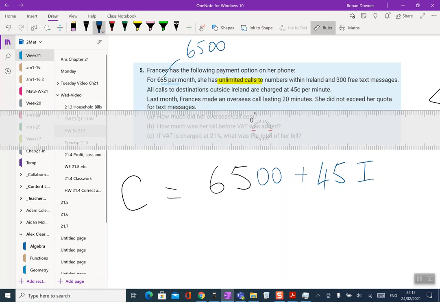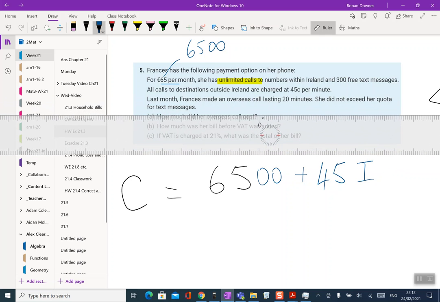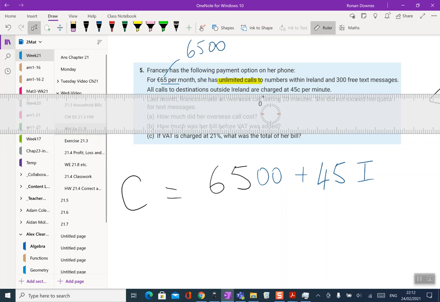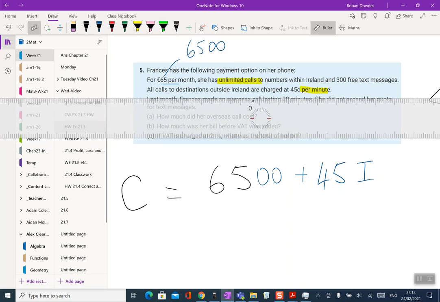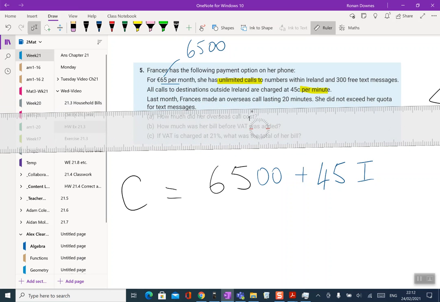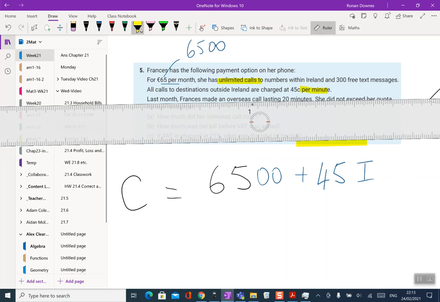and it's in minutes. Last month, Frances made an overseas call lasting 20 minutes. Now, per minute, right? It's important that we look at the units really carefully. Per minute. She did not exceed her quota for text messages. How much did her overseas charge cost? That's asking you to find out this first.